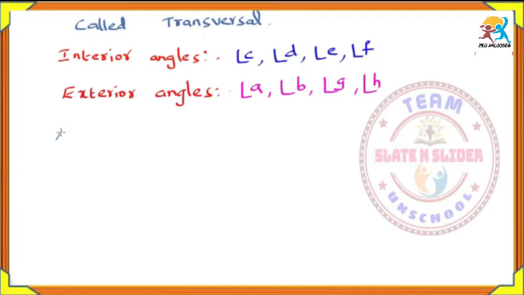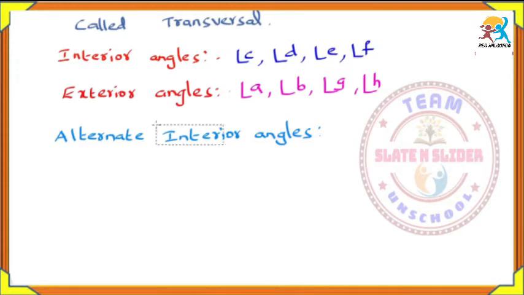We will write alternate interior angles. Interior angles means the angle should be inside only. So the interior angles are angle C, angle D, angle E and angle F. In these 4 angles only we have to write about the alternate interior angles.